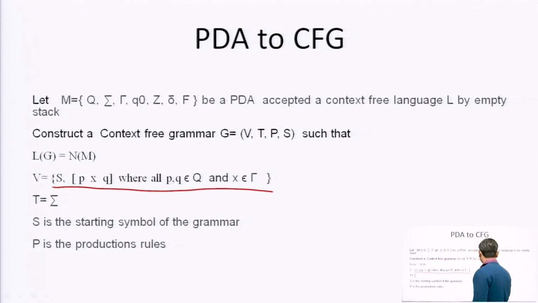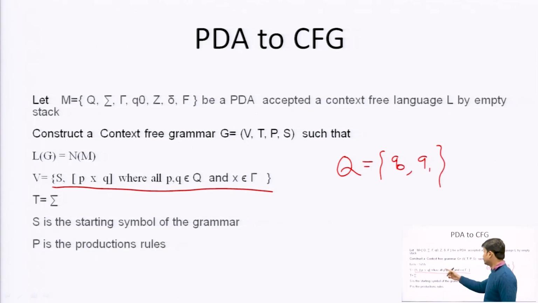Suppose a pushdown automaton has two states, Q0 and Q1. So it is saying what variables will be there.